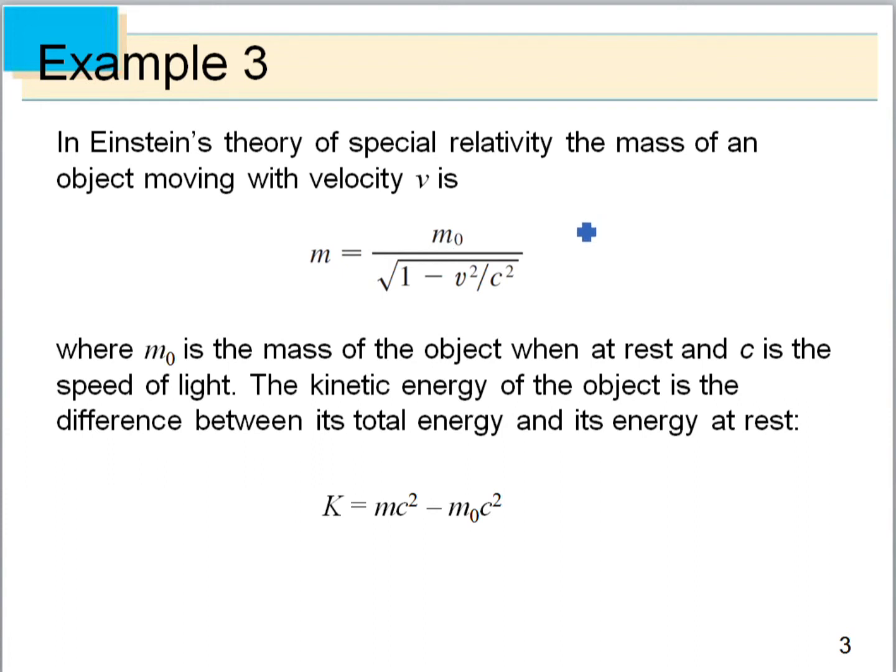So m0 is the mass of the object when its velocity is 0, right? So if we set v equals 0, then m would be equal to m0 over 1 minus 0 here, and that is m0. So we can view this, in fact, we can view m now as a function of v.